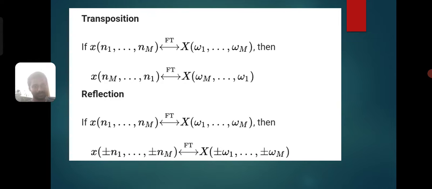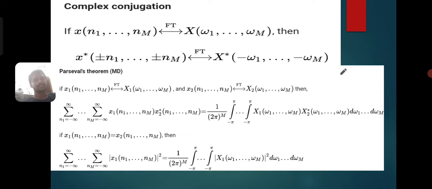Reflection: if x of n1 to nm has the Fourier transformation X of w1 so on to wm, then x of plus or minus n1 so on to plus or minus nm has the transform X of plus or minus w1 so on to plus or minus wm. Complex conjugation: x star of n1 to nm has the Fourier transformation X star of minus w1 to minus wm.